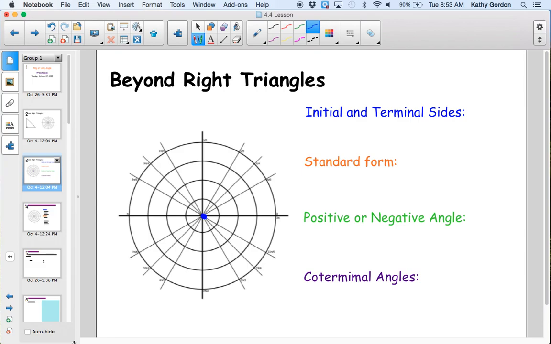Okay? Now when we talk about this idea of angles in rotation form, we usually talk about them in standard form.